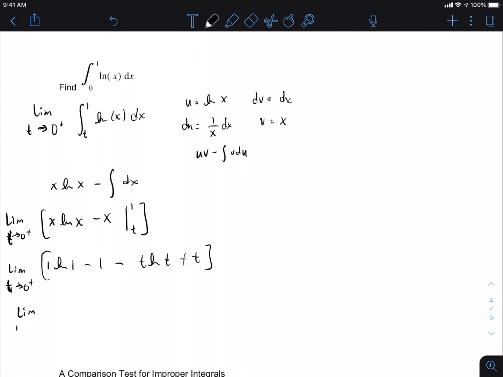So my limit as t approaches 0 from the right is going to be 0 minus 1 minus t ln of t. Really, it should be an absolute value, but it won't matter.